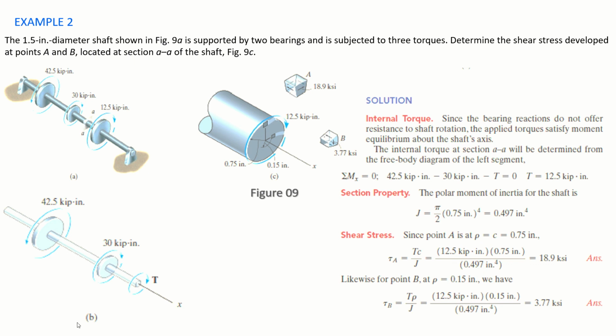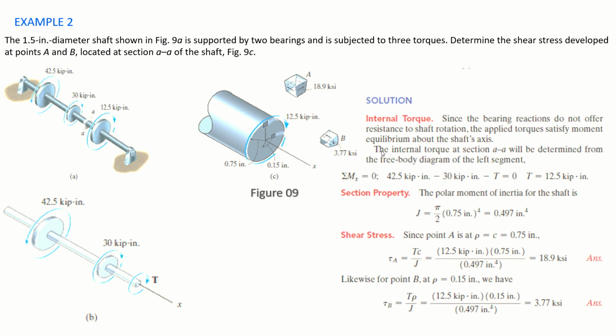This is shown in figure B, right? This is your resultant torque. Why is it in clockwise direction? Because the 42.5 is in anti-clockwise direction and 30 kip is in clockwise direction. So a resultant of 12.5 should be acting in this direction to make it in equilibrium, right?